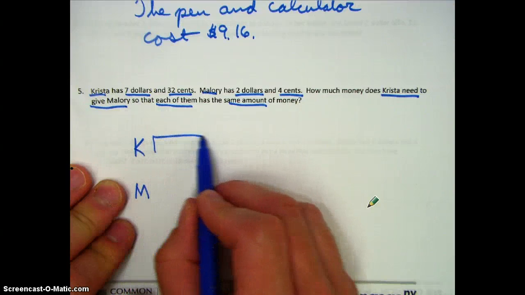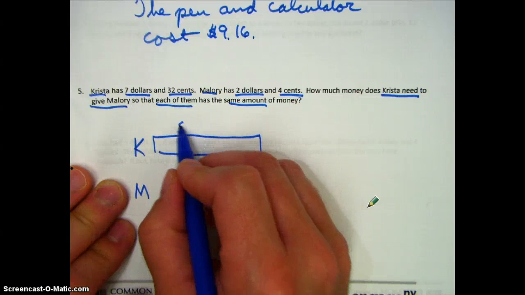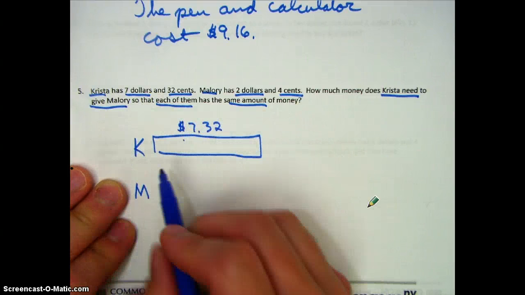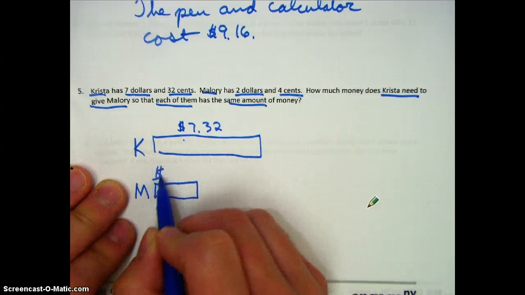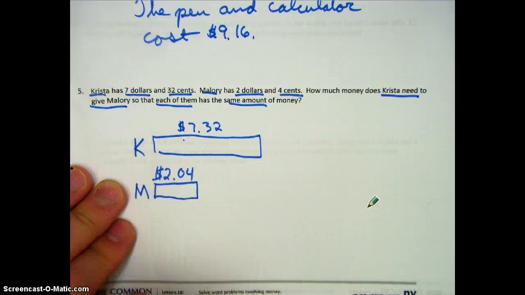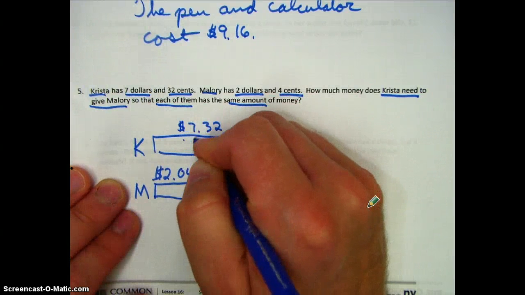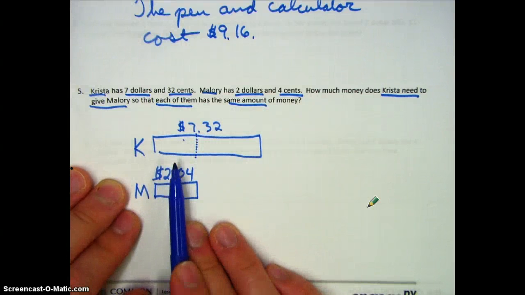Okay, so we have Krista, and we can see that she has $7.32. Okay, now Mallory obviously has much less at $2.04. Okay, so moving this amount right here, we'll kind of draw a dotted line there to show Mallory's amount.